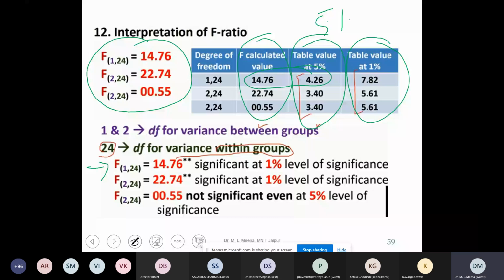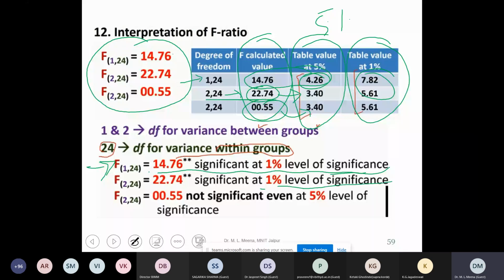14.76 is greater than 4.26, and next is 22.74, which is also greater than 3.40, but this is less compared to this. So this F value for 1 and 24 is significant at the 1% level of significance.